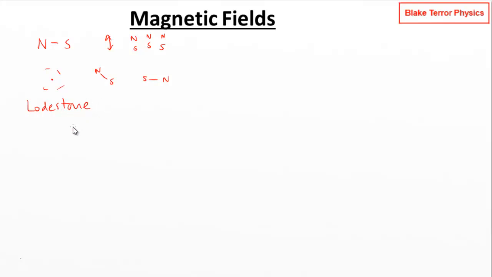This is magnetite, which has all been aligned, so it's a naturally occurring permanent magnet. I think the leading theory is that lightning strikes on certain materials cause this permanent magnet effect.